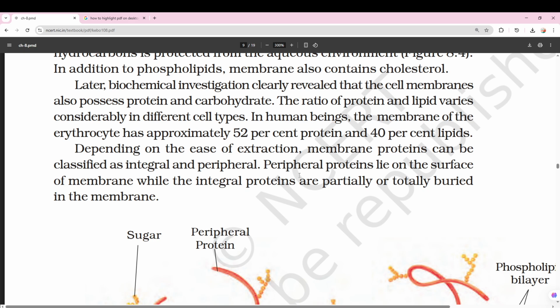Depending on the ease of extraction, membrane proteins can be classified as integral and peripheral. Peripheral proteins lie on the surface of the membrane, while the integral proteins are partially or totally buried in the membrane.